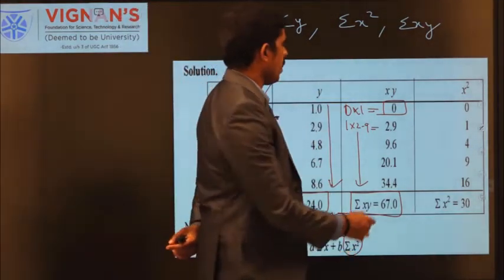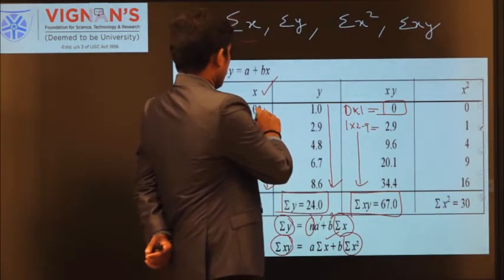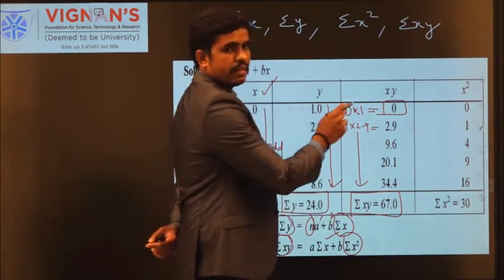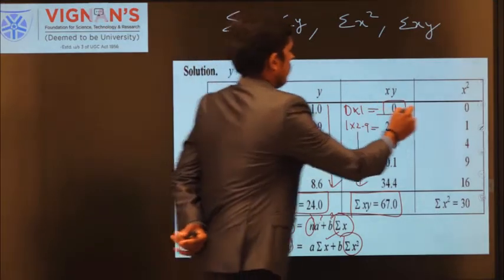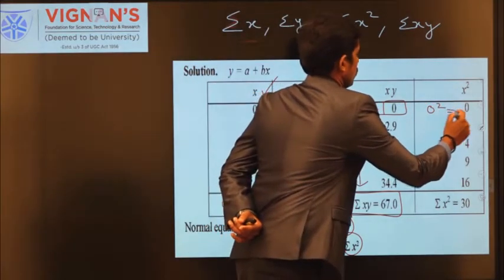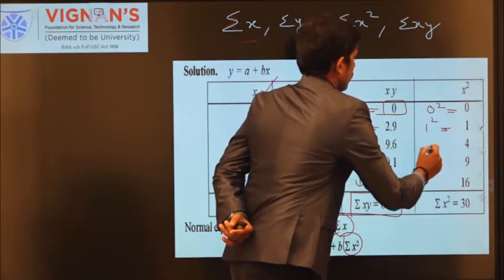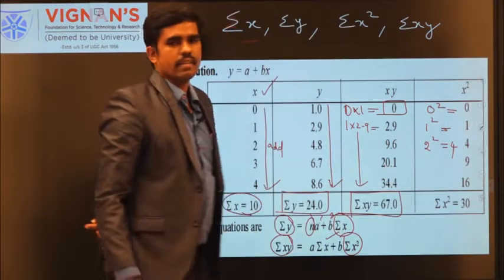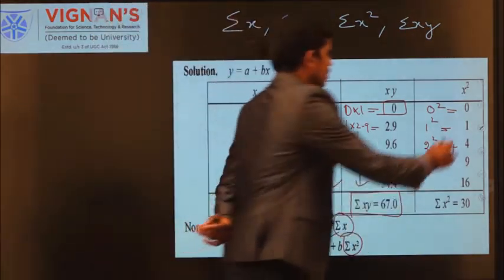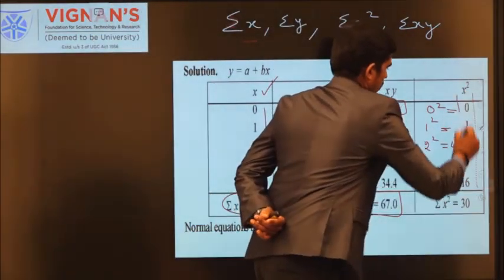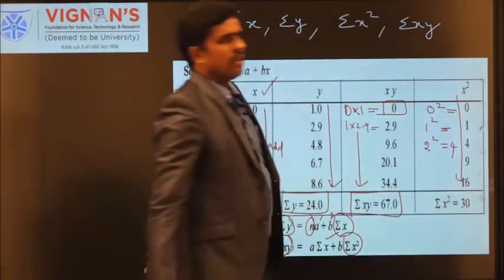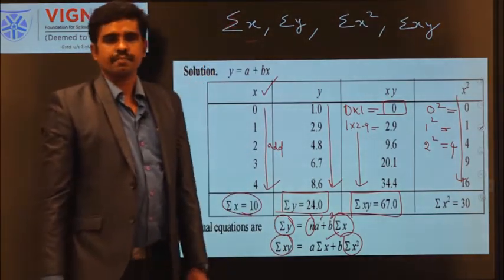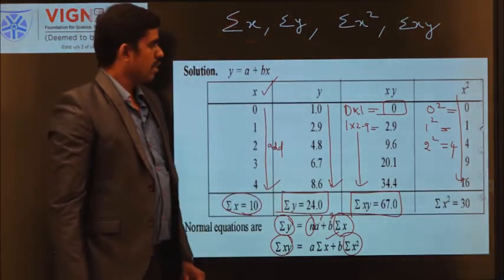First find the x square values. You square all the values correspondingly: 0 square is 0, 1 square is 1, 2 square is 4. In this way you can write the x square values. Then add all these values to get summation x square.